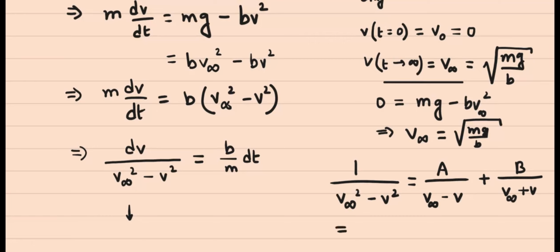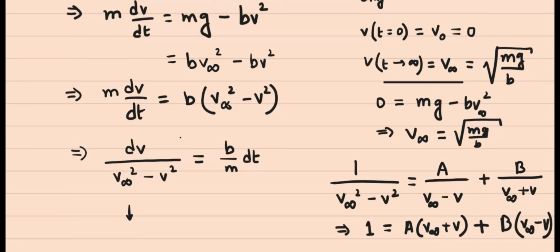And then if we multiply everyone by v infinity squared minus v squared, what are we left with? We're left with 1 on the left hand side, and then a times v infinity plus v on the first term on the right hand side, and b times v infinity minus v on the second term on the right hand side.